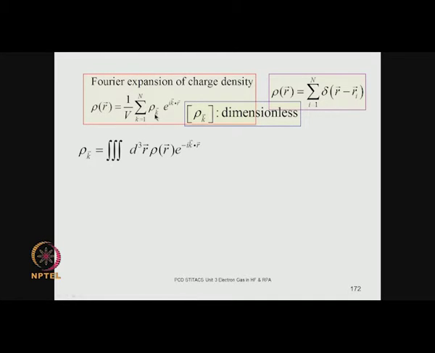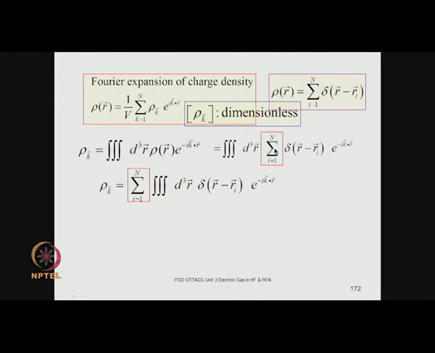The Fourier components can be written in terms of the inverse transforms, right? And this density is nothing but the summation over the delta functions, and if you write this summation symbol, because this is summation over i, this is integration over space, this is a particle index, this is space integration.